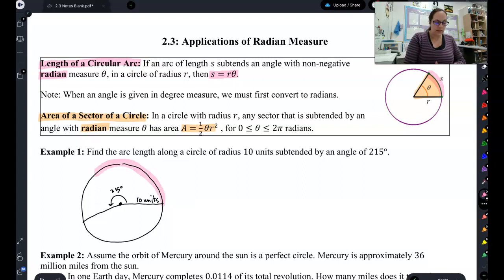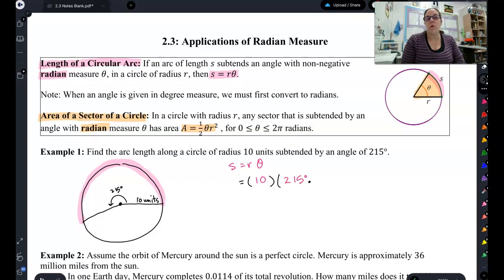So I want to find the pizza crust around this circle. So since it's arc length, that's going to be S equals R theta. My R is the 10 units. My theta it gives me is 215 degrees. However, we know that theta must be in radians.